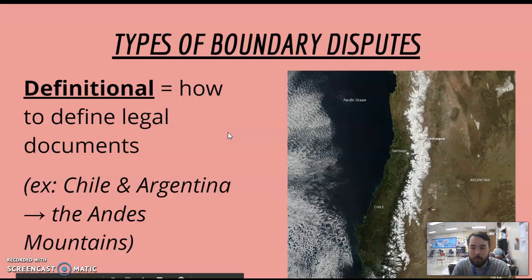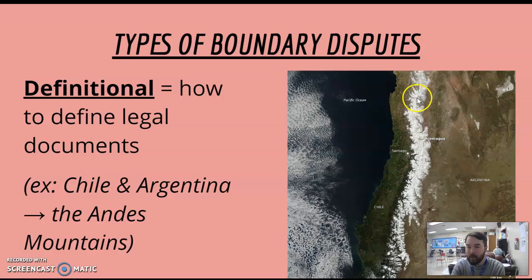So it's human nature that when these political entities want to section off pieces of land in different regions that people are going to dispute those. What are the types of disputes that you need to know for your test? One of them is definitional. So how do we define a legal document? There may be some friction or conflict about a legal document. So an example of that would be the countries of Chile and Argentina.